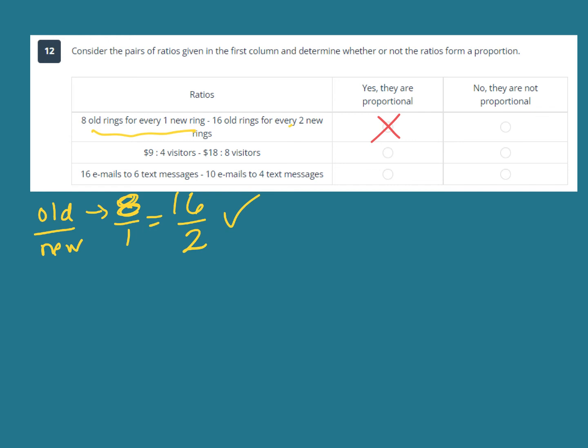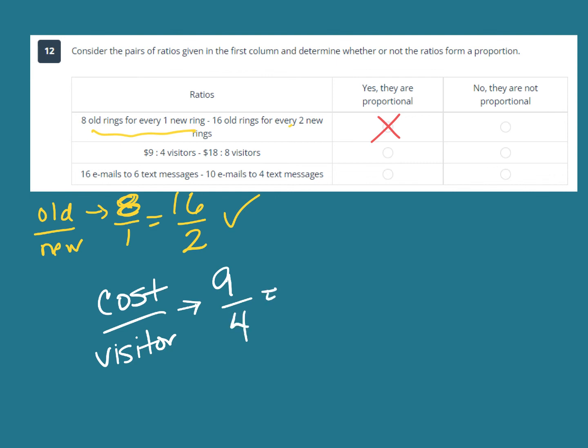Visitors, cost per visitors. So cost, we don't like that. Let's try another one, there we go. Cost per visitors. So we've got 9 to 4.